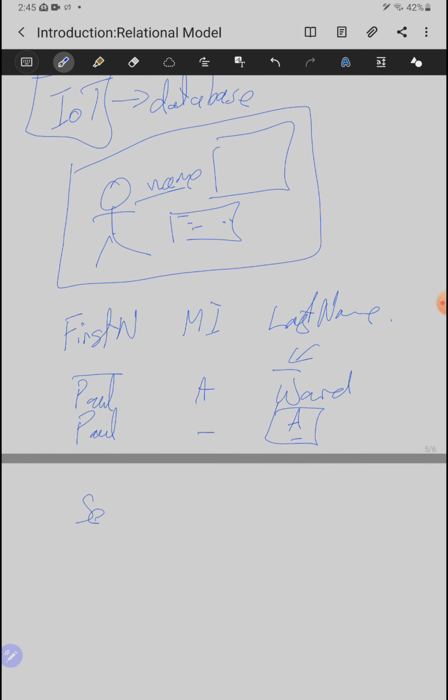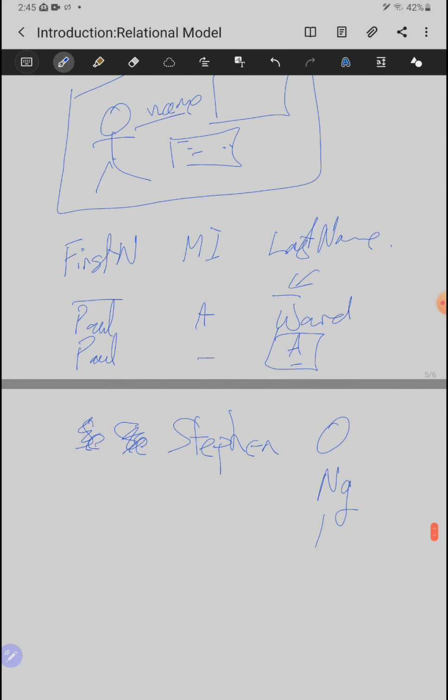There's a guy in California by the name of Stephen O. And there are also, of course, many Vietnamese people with the last name Ng, many Chinese people with the last name Li. So it was frequently the case in the past that the domain for a database restricted a last name to be 3 or more characters.